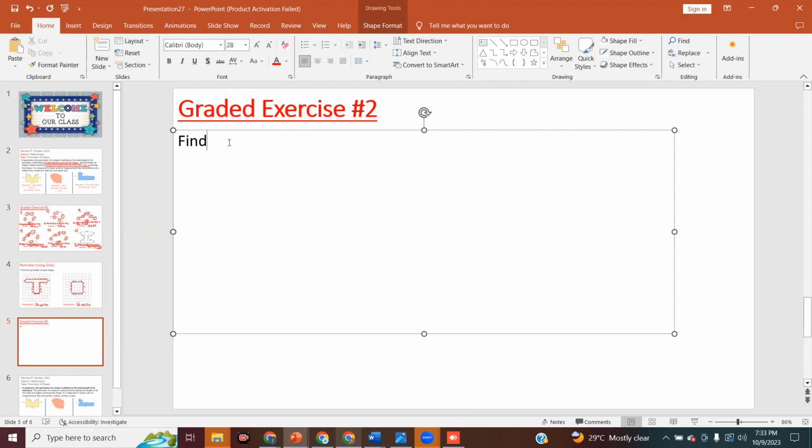So find the perimeter of each shape. That's the instructions. For these ones you have to use the grid. All right.